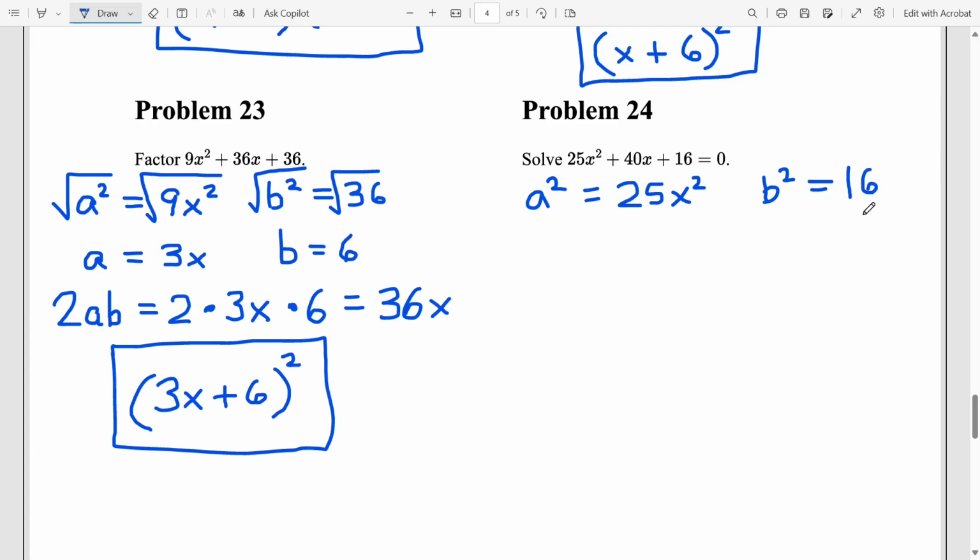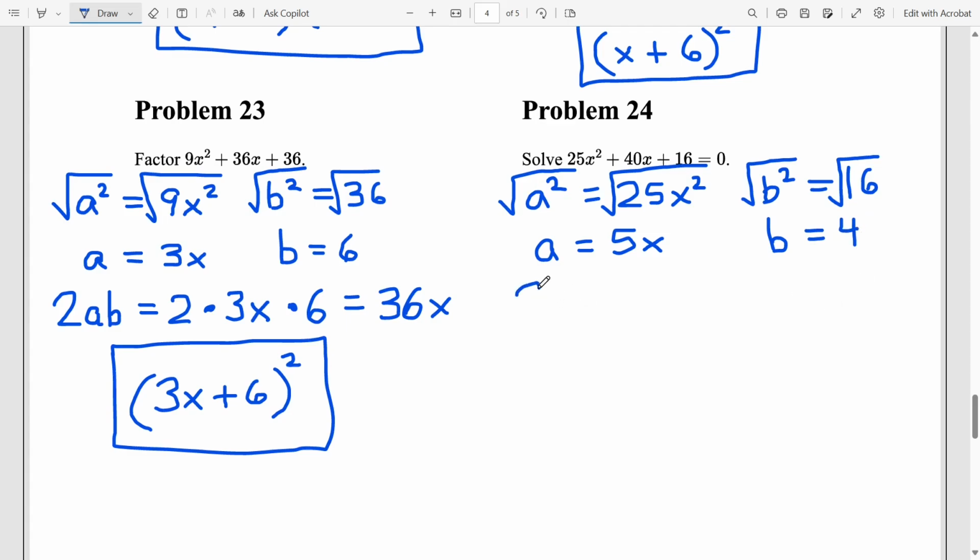So to solve for a, I need to take the square root of both sides. So the square root of a squared is a. The square root of 25x squared is 5x. To solve for b, again, I'm going to have to take the square root of both sides. So the square root of b squared is b, and the square root of 16 is 4.